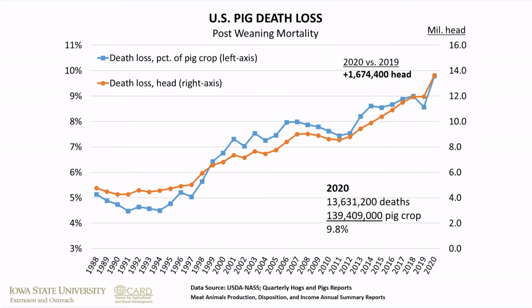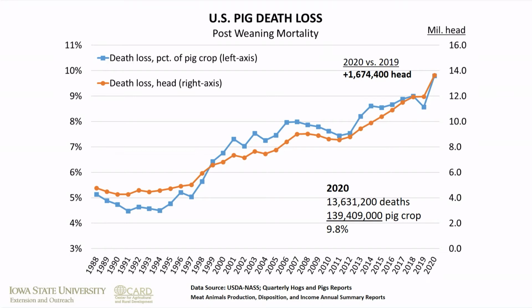Well, we don't know that exactly because USDA is just calculating death loss, but I can tell you from their estimates, and it's an estimate, we've seen about 1.7 million head more death loss in 2020 than we did in 2019. Now, the first thing you're going to tell me is, well, we had a new strain of PRRS, right? And so that certainly contributed to that. But also, there's a lot of other factors that contribute to that increase.